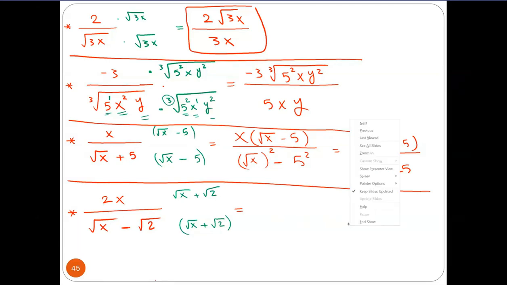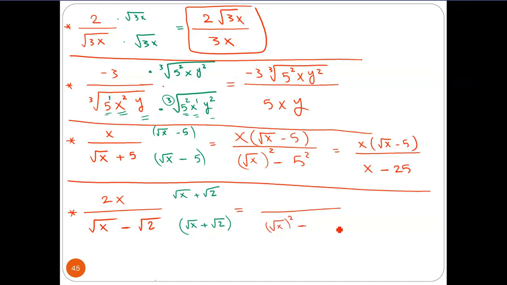So the value here equal the first square, radical x square minus radical 2 square, and we have 2x multiplied by radical x plus radical 2. The final result equal x minus 2, and in numerators 2x multiply radical x plus radical 2.